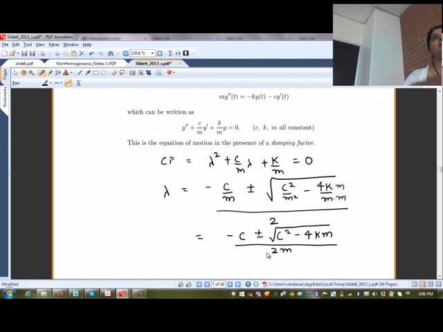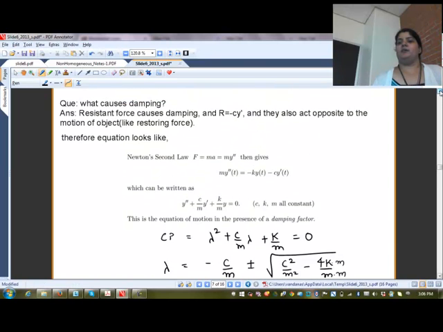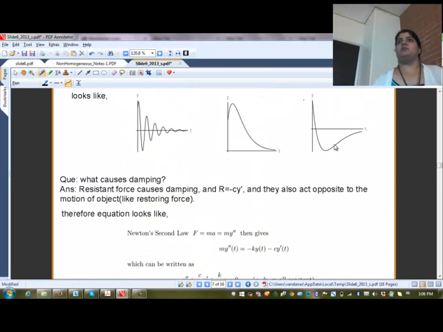So there is exponential decay, because c is positive and 2m is positive, but here it has a negative sign, so there's a decay, and it doesn't have cosine and sine at all, so there are no fluctuations, and it dies out. So this situation will represent either this graph or that graph if c squared equals 4km. And then we will consider c squared bigger than 4km, distinct roots, and c squared less than 4km. These are the only possibilities, three possibilities.